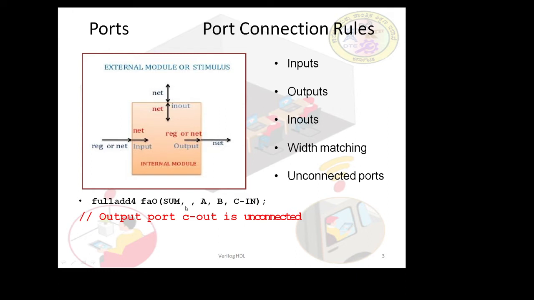Here you can see Cout is not connected. So in such cases unconnected ports can be left without entering the information. Cout is not entered here, so it is acting as an output port Cout which is unconnected.